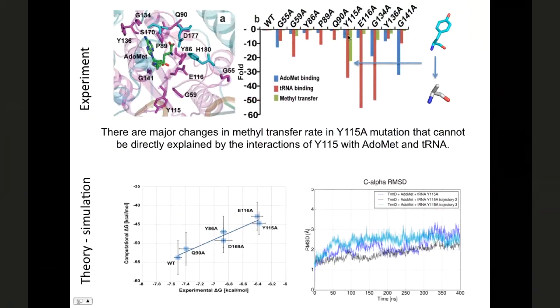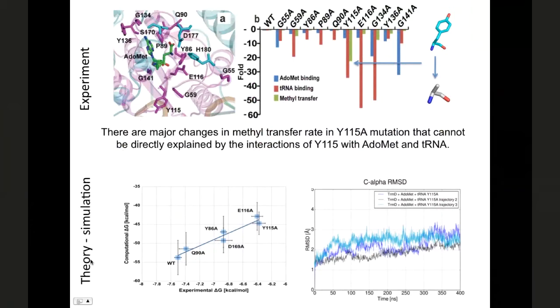For example, this mutation in position 115, which is not directly responsible for binding the ligand or binding the tRNA, can lead to many modifications. So, just to make the story shorter, we can determine the energy of binding from the simulation as well.